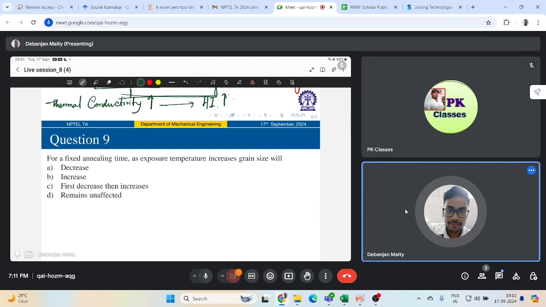So if you try to draw some schematic in terms of the melt pool size, it will be something like this. For highly conductive metals, the fusion region where it is getting melted will be limited.